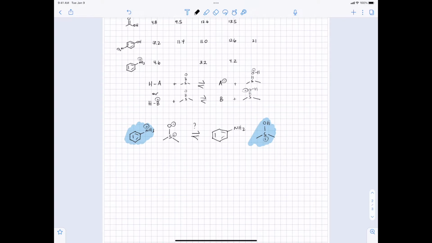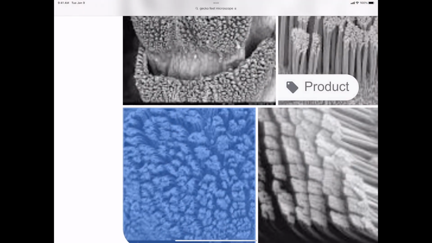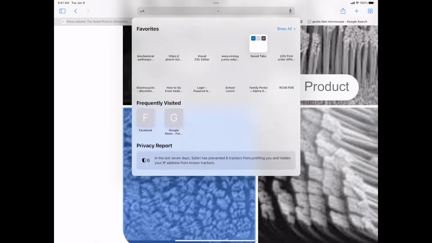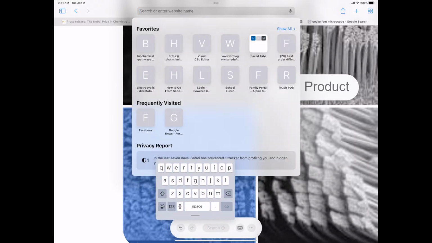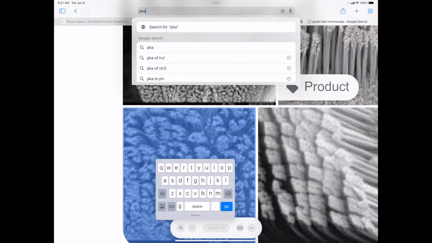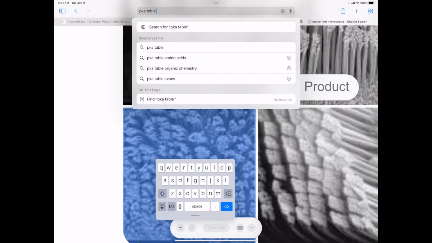By far the most common solvent other than water that you can find pKa's for is DMSO. And just for fun, I'll show you a place on the internet. It used to be maintained by Professor Hans Reich at University of Wisconsin-Madison until he died tragically in a bicycle accident a couple years ago, and then the ACS, or I can't remember who, took over maintenance of the pKa table.